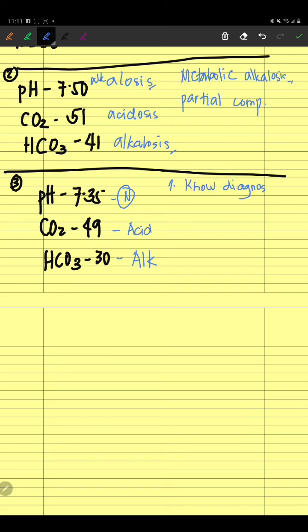For example, yung diagnosis ng pasyente, COPD. COPD is respiratory in nature. So, nagre-retain ng carbon dioxide ang katawan ng pasyente. So, that is respiratory acidosis. So, you will know that that is respiratory acidosis na compensated lang kasi in-increase ng katawan yung bicarbonate levels.